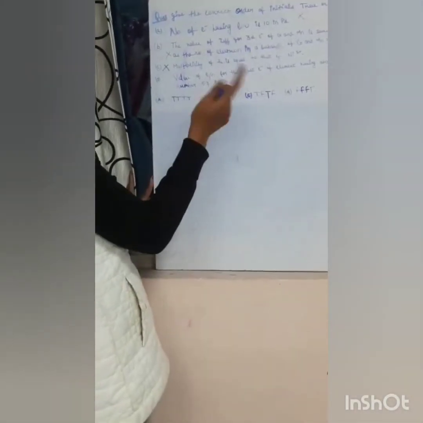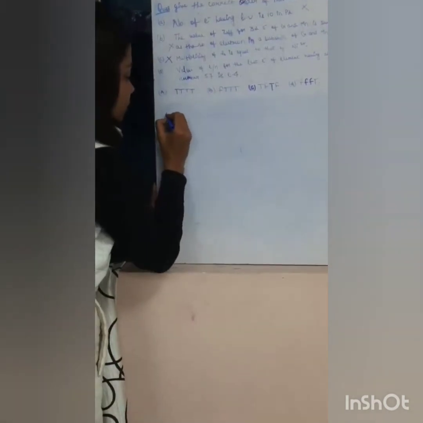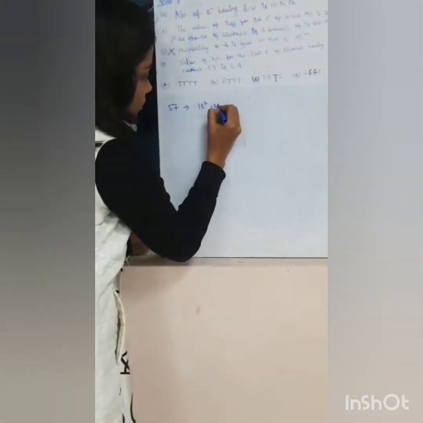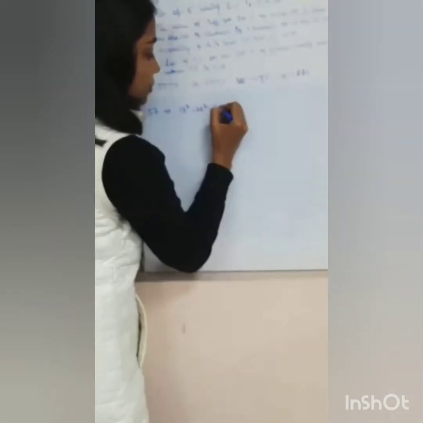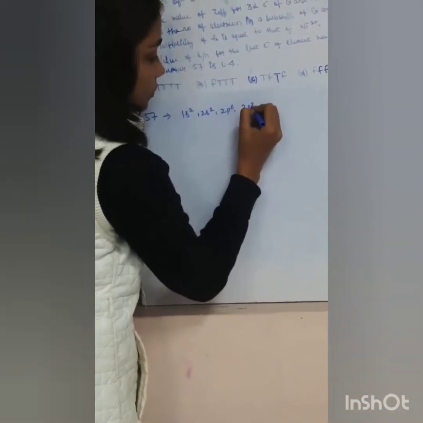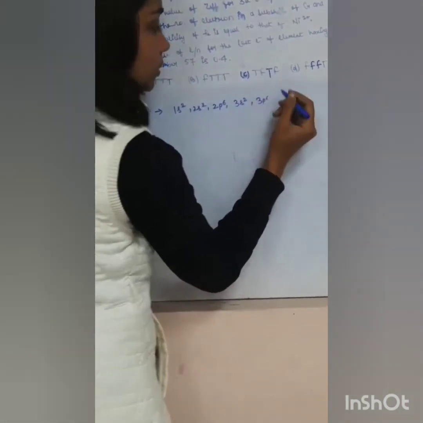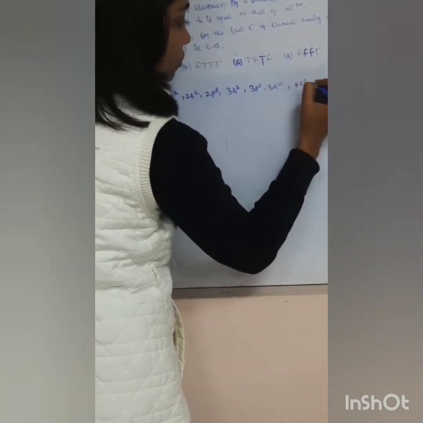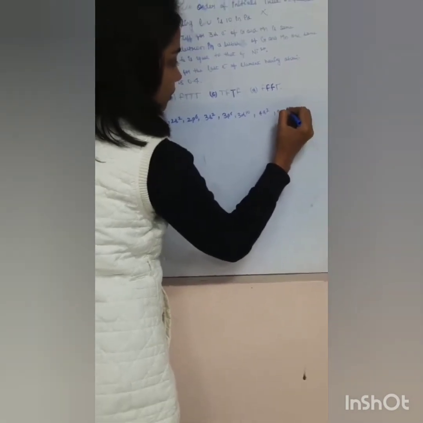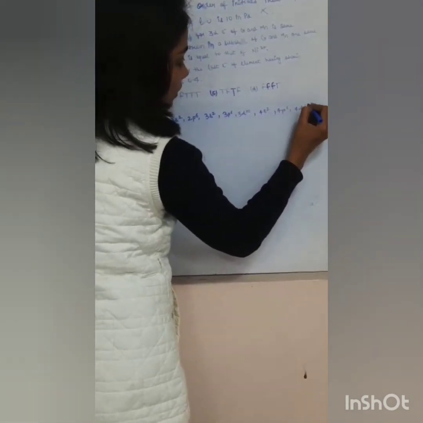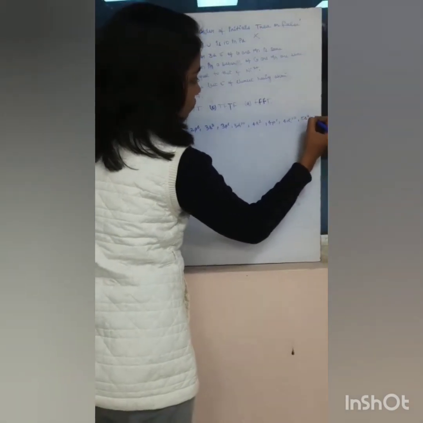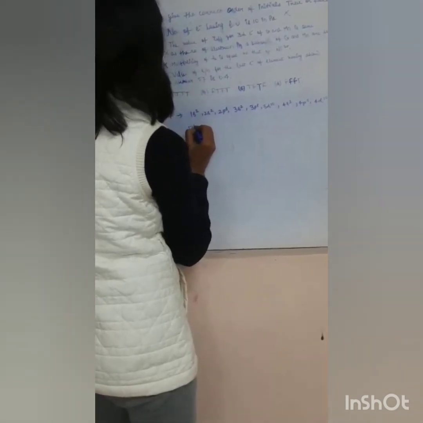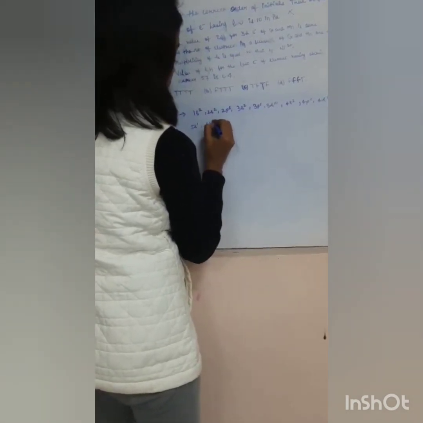Firstly, we will write the electronic configuration of 57: 1s2, 2s2, 2p6, 3s2, 3p6, 3d10, 4s2, 4p6, 4d10, 5s2, 5p6, 5d1 and 6s2.